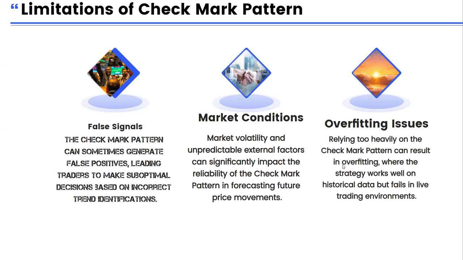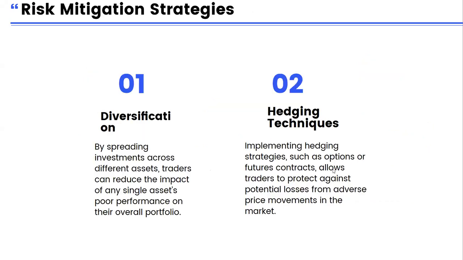So in the risk mitigation strategy, what you can do is diversification, spreading investments across different assets. Simultaneously, you can take another position in other assets and mitigate your losses, reducing the impact of a single asset's poor performance on the overall portfolio.